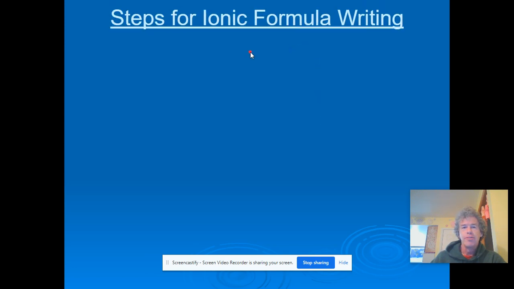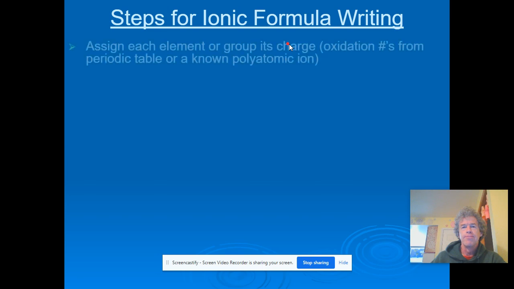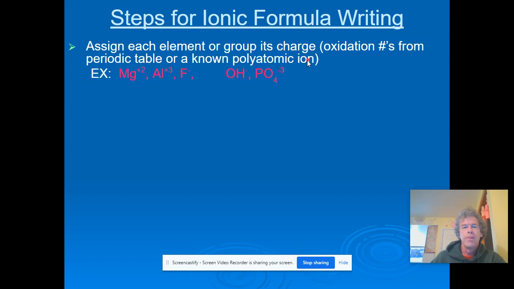There's a few steps for writing ionic compounds. First off, we're going to talk about the formula. When you want to go about doing that, I would first assign each element or group the charge that element or group has. For example, magnesium is 2 plus. It's in the second column. It's an alkaline earth metal.